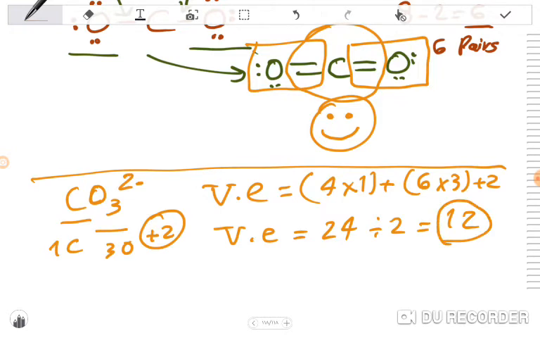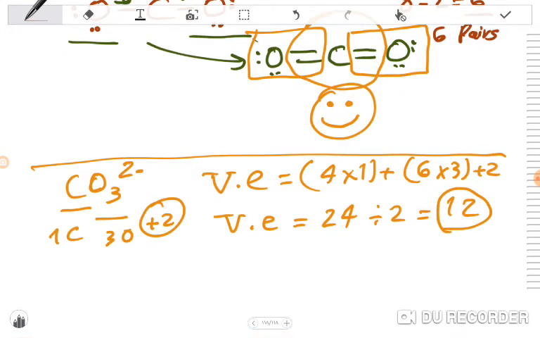We must draw the correct Lewis dot structure for carbonate with only 12 pairs of electrons. No more, no less. The carbon is the central atom. We draw around the carbon 3 atoms of oxygen.